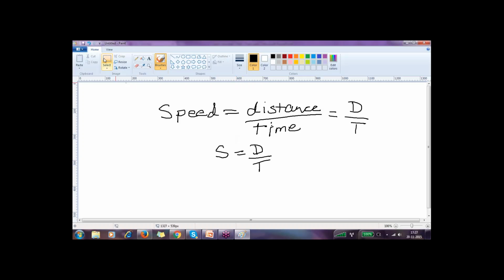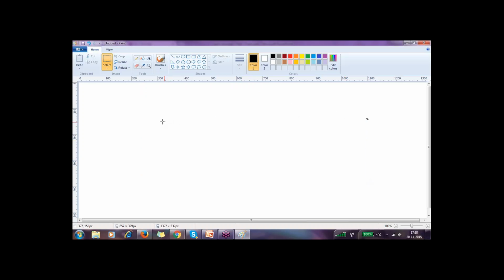Now let me clean this. You know that speed is directly proportional to distance. What does this mean?